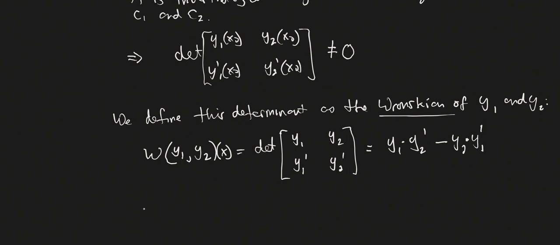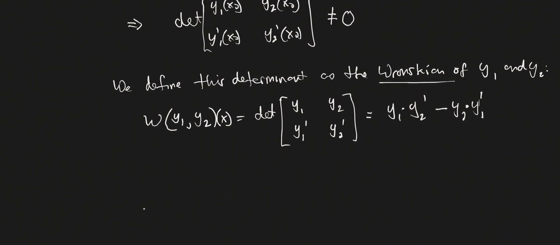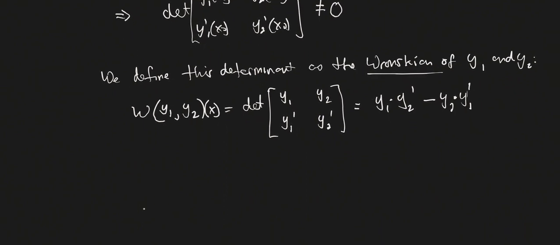So let's actually state the theorem now. Then we will go back and look at the functions that we identified for our three cases previously, and use the Wronskian to show that they are in fact linearly independent.